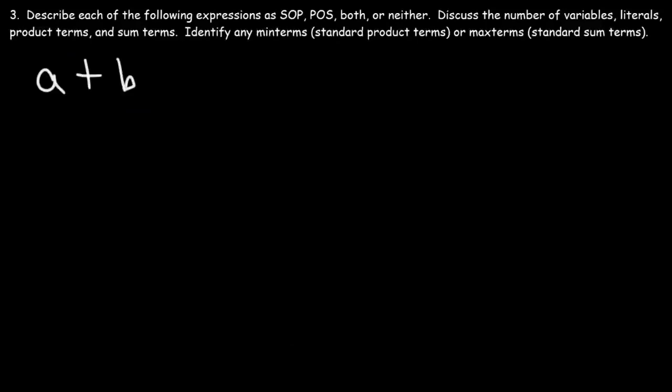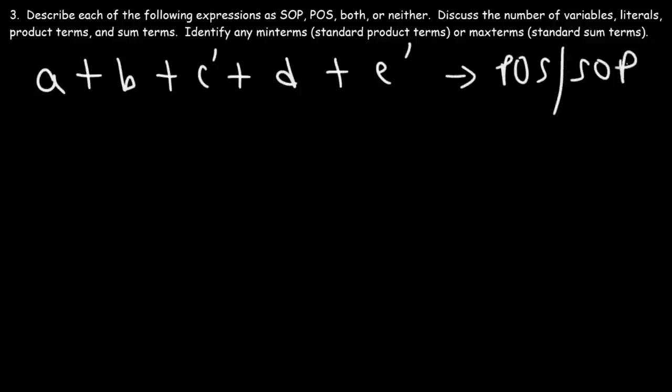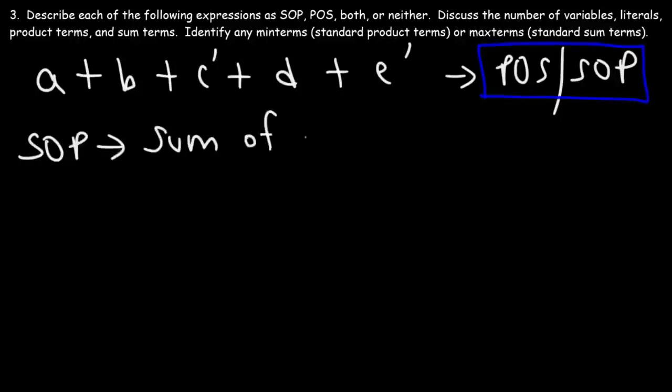Consider the expression a plus b plus c prime plus d plus e prime. So can we describe this as an SOP or POS expression? Like the other example, you could represent it as both POS and SOP. So as an SOP expression, we can say that this represents the sum of 5 product terms.